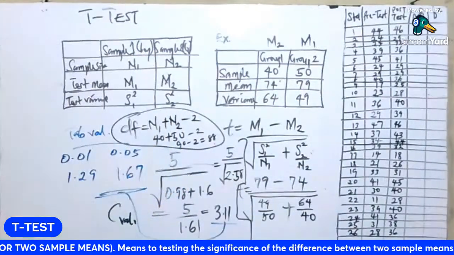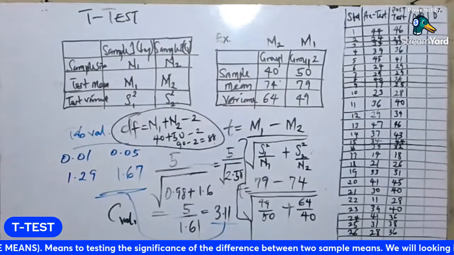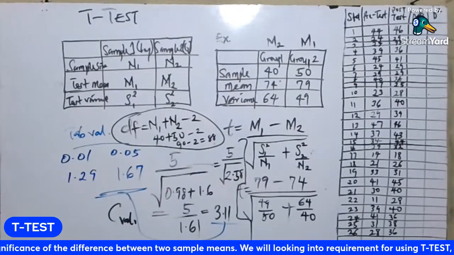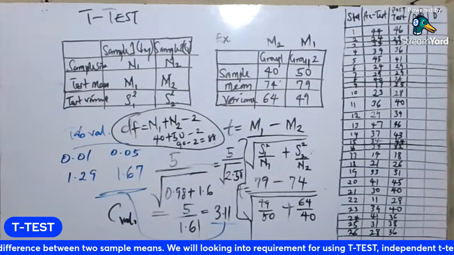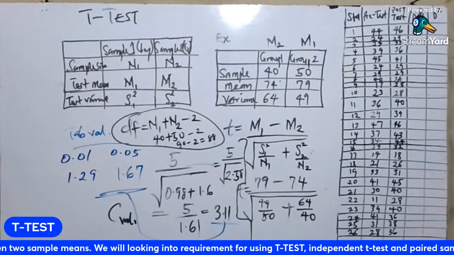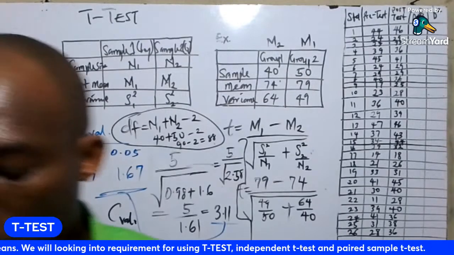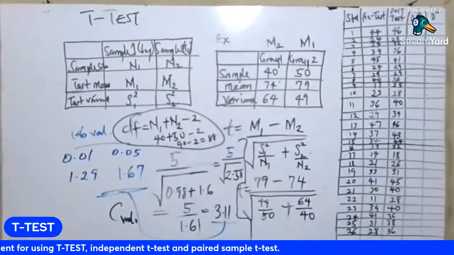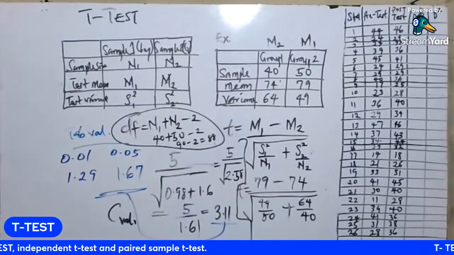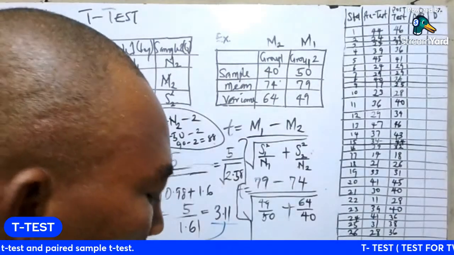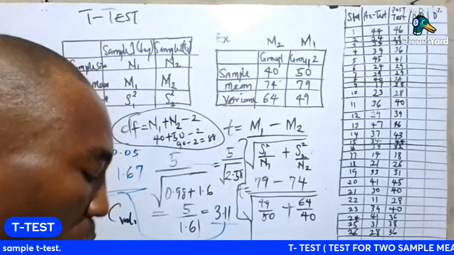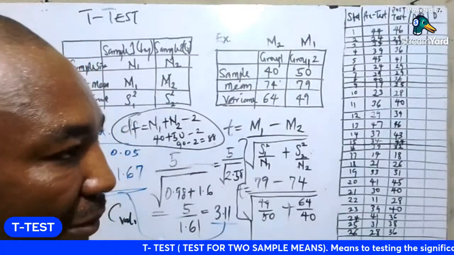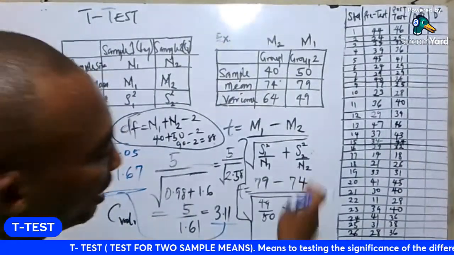So with this, we have come to the end of the first example, which is talking about the paired sample t-test. I'm going to do a recap on this. The paired sample t-test gives us a condition: when it is more than 30, you use this.